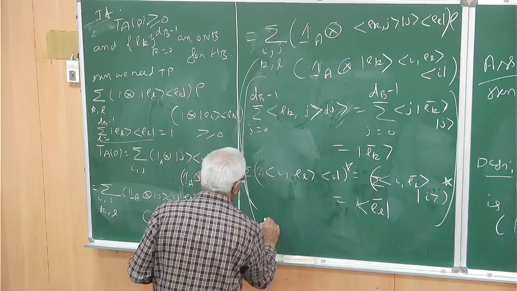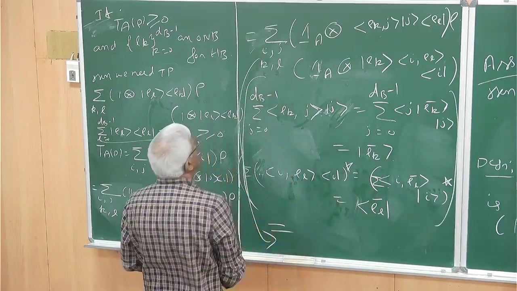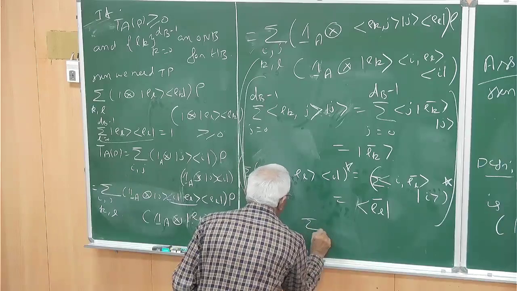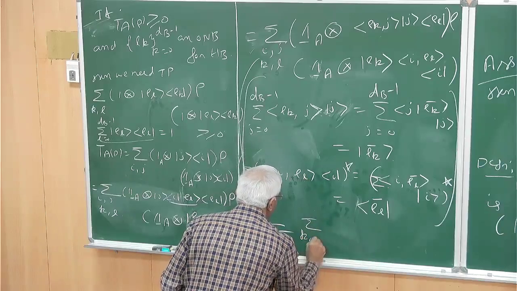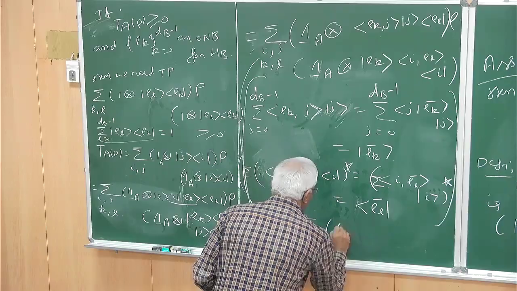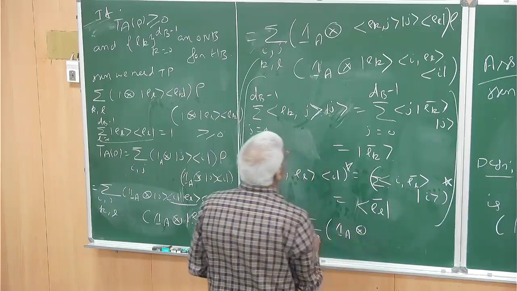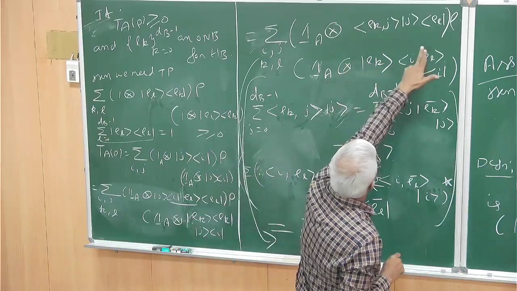So the result we get is the summation over i, j has been taken. It is just k, l and then the tensor, and all these things have gone.